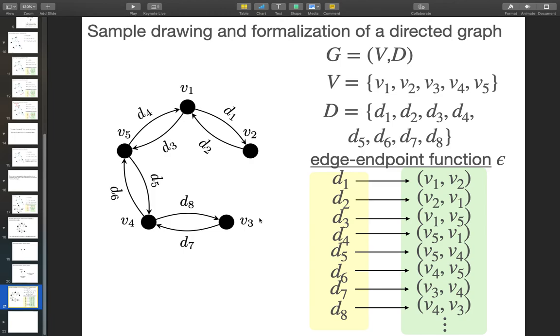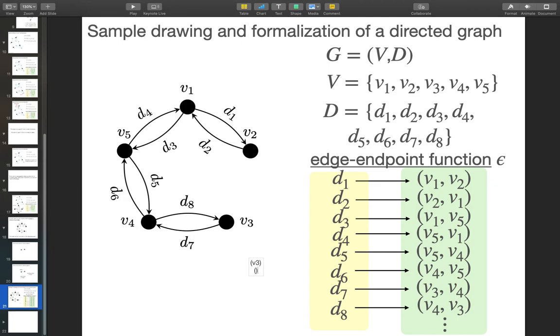So, question, what if we have a loop in the directed graph? Paano natin siya i-represent? Ano yung dapat na nakalagay dito sa codomain? So, for example, halimbawa meron akong loop dito kay V3. So, anong ilalagay ko dun sa codomain? Ano ba? Ganyan ba?